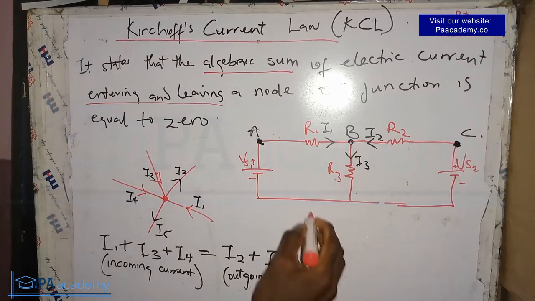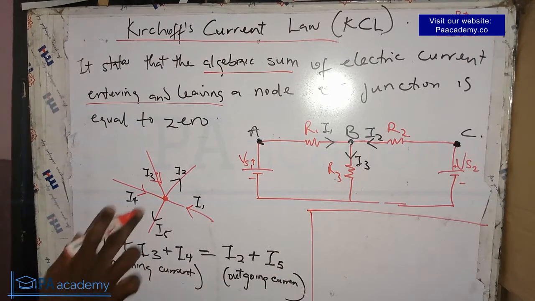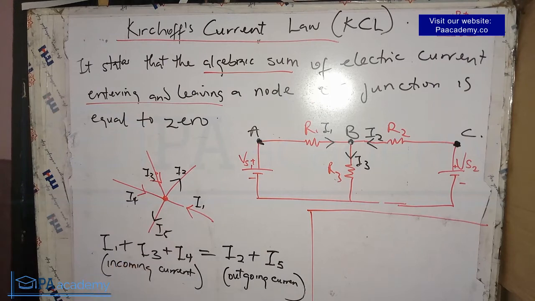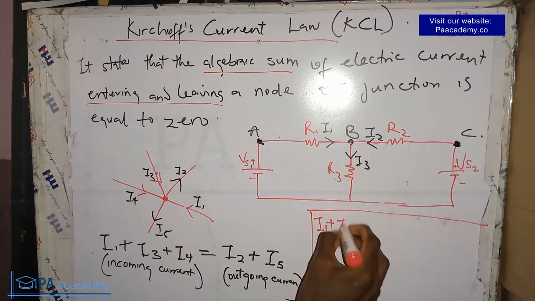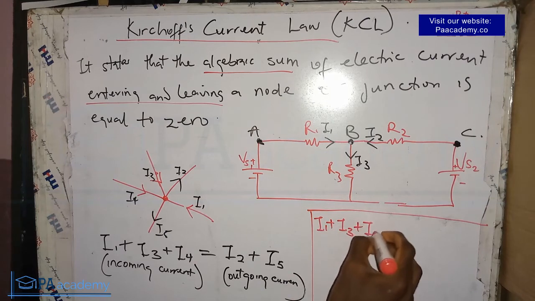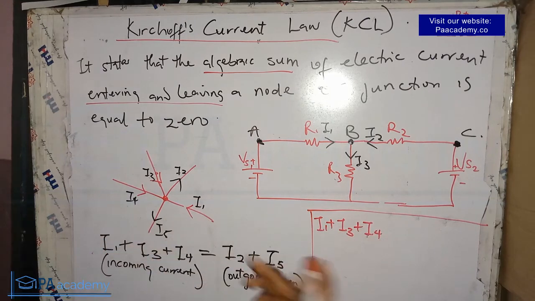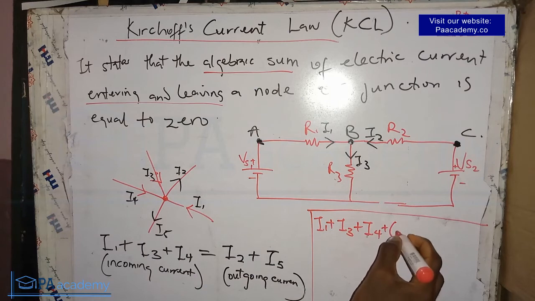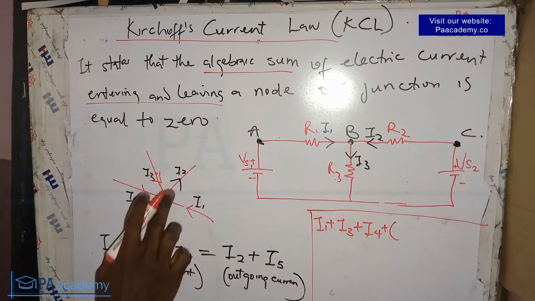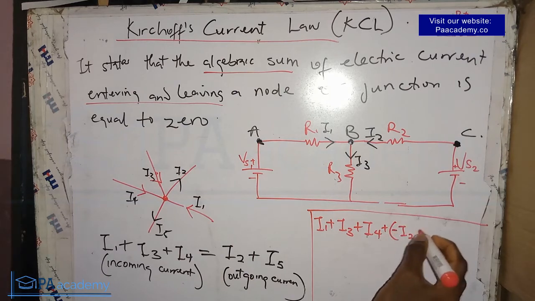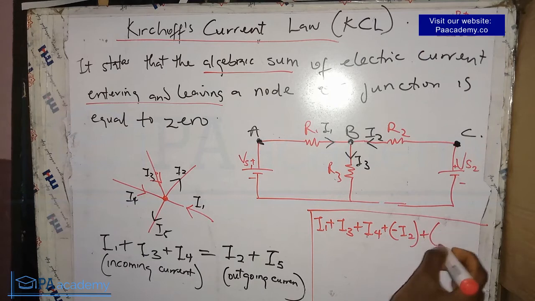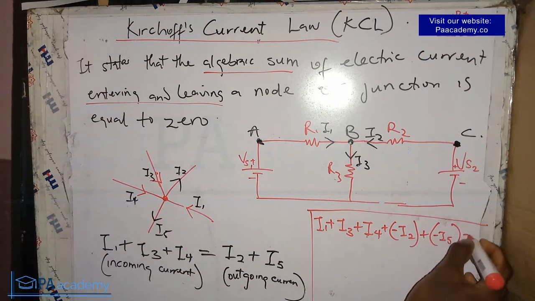You can equally represent it like this, where all the incoming currents, remember, are always positive, so you have I1 plus I3 plus I4, while the outgoing currents are negative, so that will be minus I2, then minus the other outgoing current I5, all equal to 0. This is what it's saying.